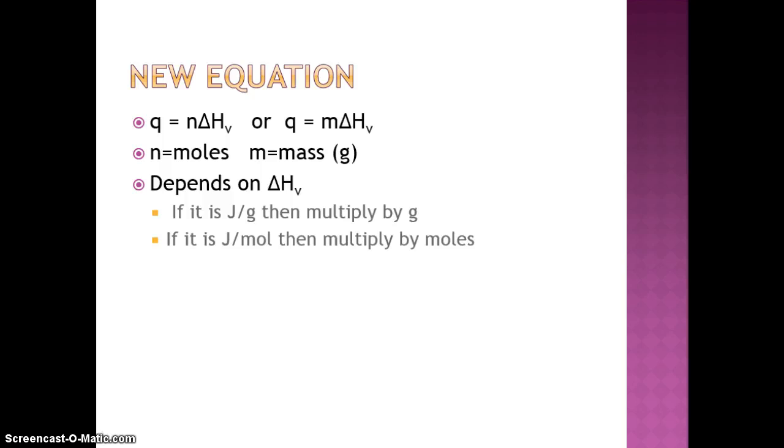But if they give it to you in joules per mole or kilojoules per mole, then multiplying by the grams will not give you the answer. You have to multiply by moles. And so when you're doing these problems, do remember to look at the units.